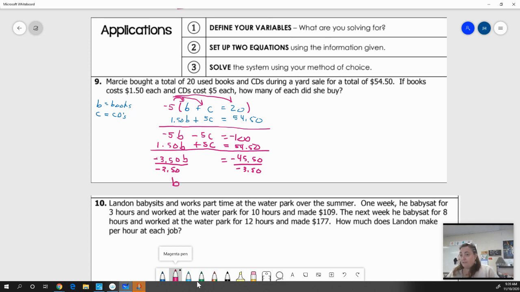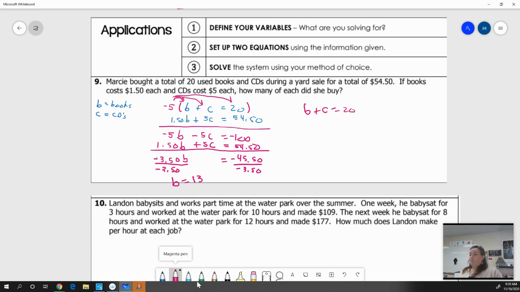We wind up with B equals 13. And then I can plug it into either equation. And I know that one of my equations is B plus C equals 20.